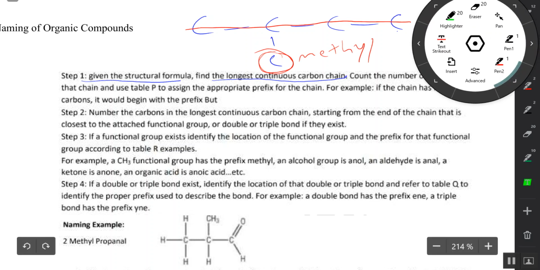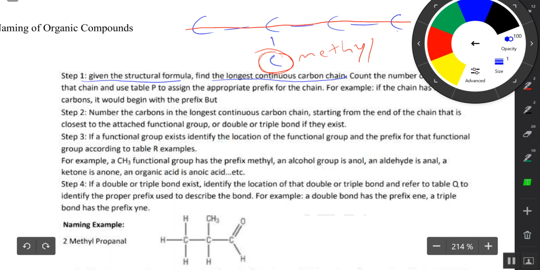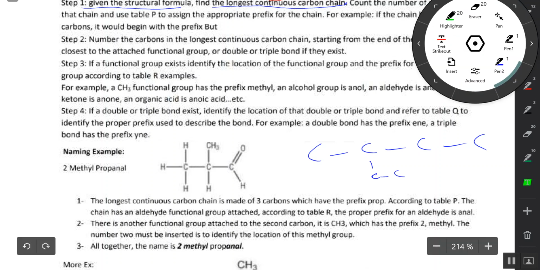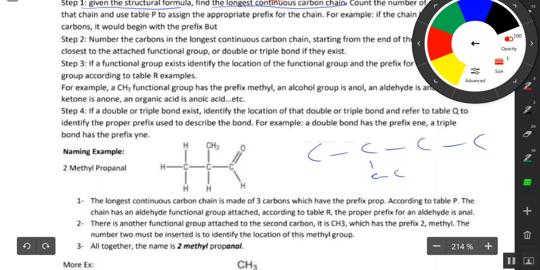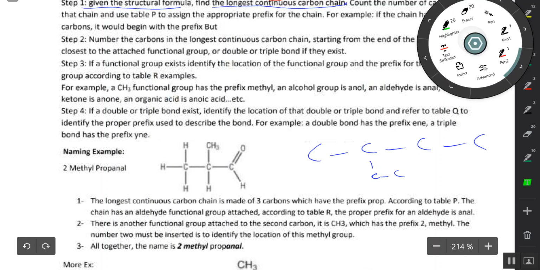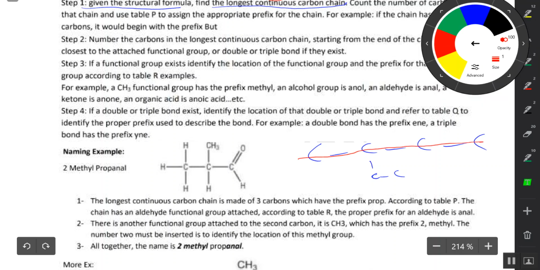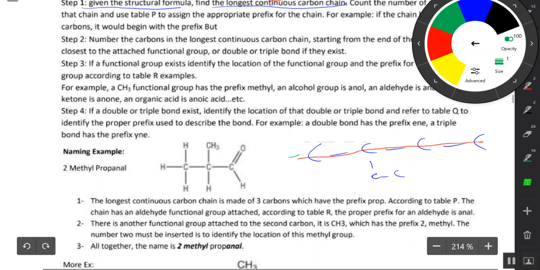If I had something like this, 1, 2, 3, 4, and then here I had 1, 2. So here, my longest continuous chain is still 4 carbons. 1, 2, 3, 4. Or you can actually consider it like this. 1, 2, 3, 4.